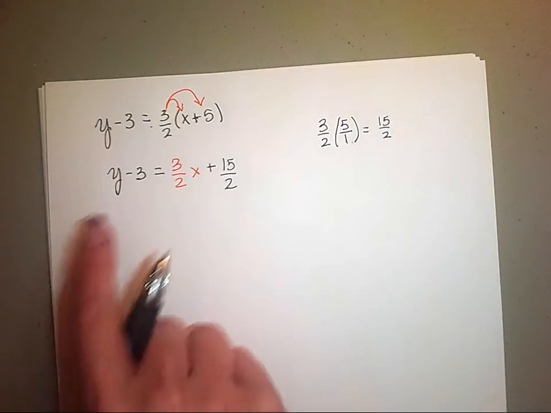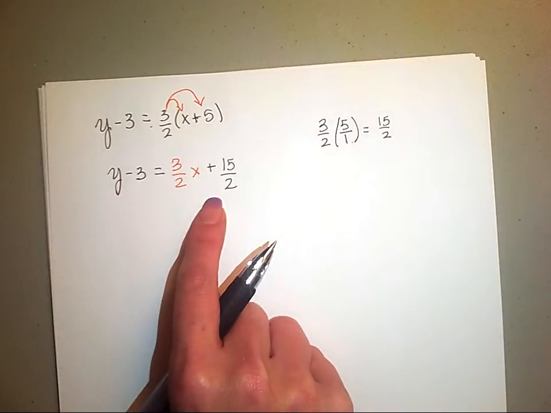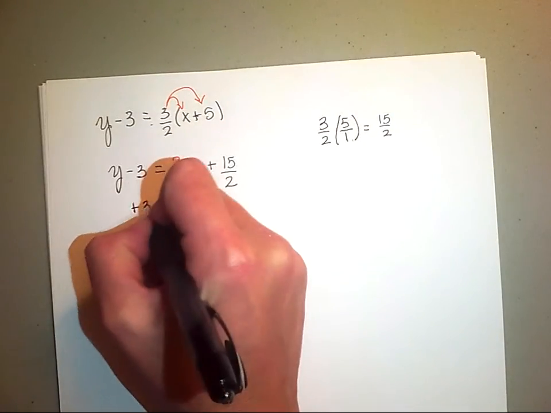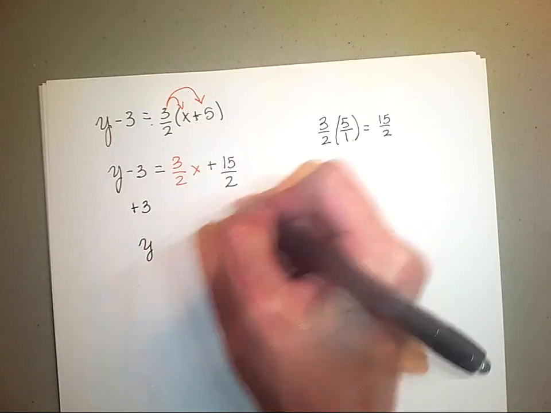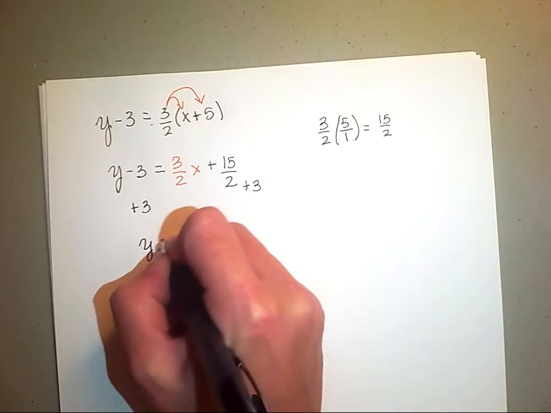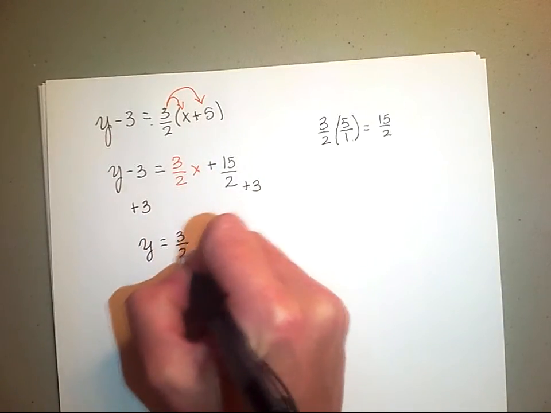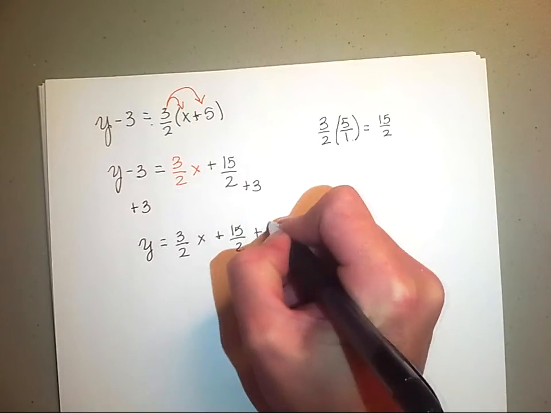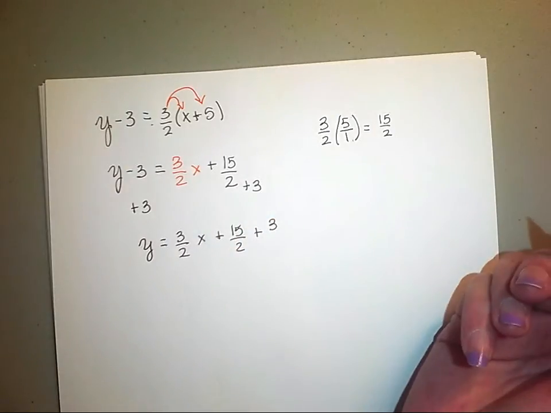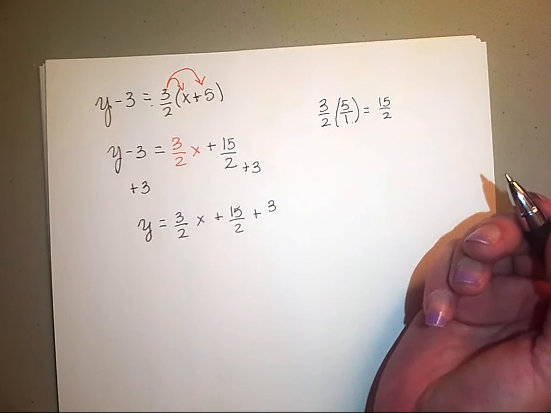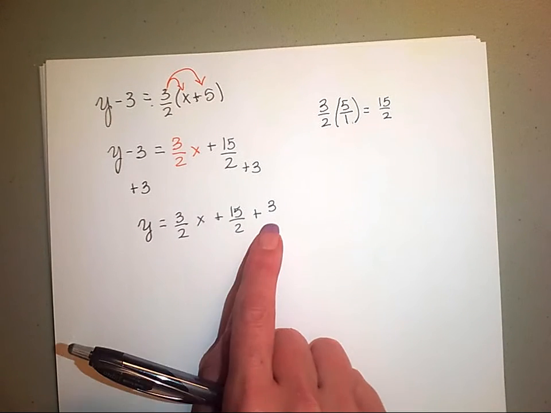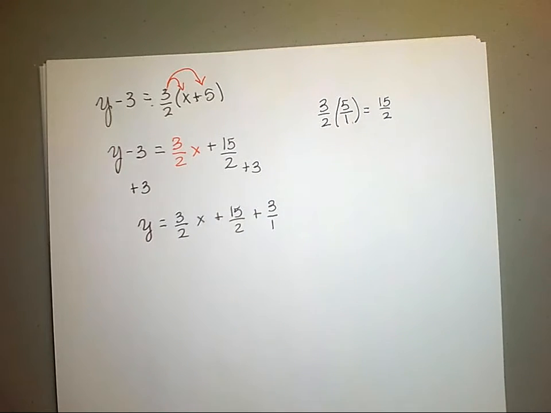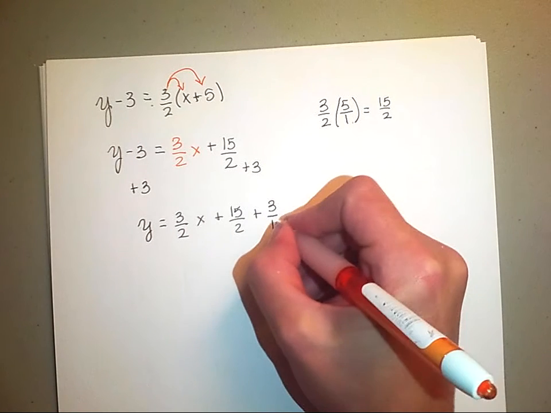Okay, so now the left and the right are as simple as they can get, but I want to solve for y. So to do that, I need to add 3 to both sides. So y is equal to 3/2 x plus 15/2 plus 3. Okay, but these are like terms, so we want to get those together. And if I'm going to add anything, I need to have a common denominator.